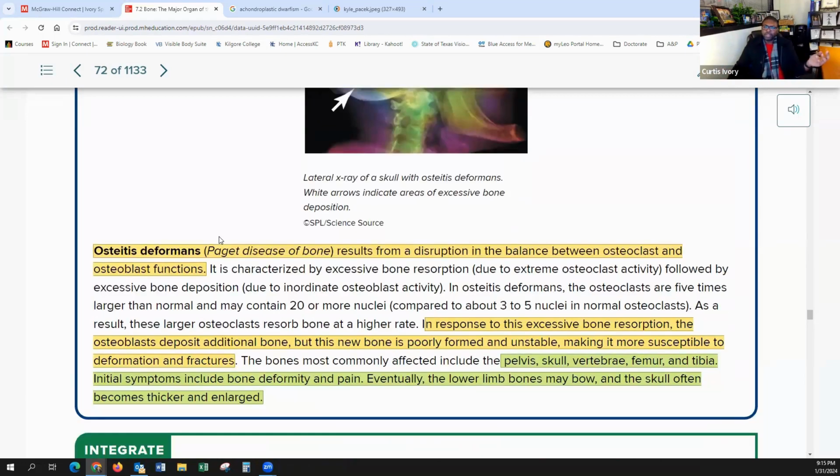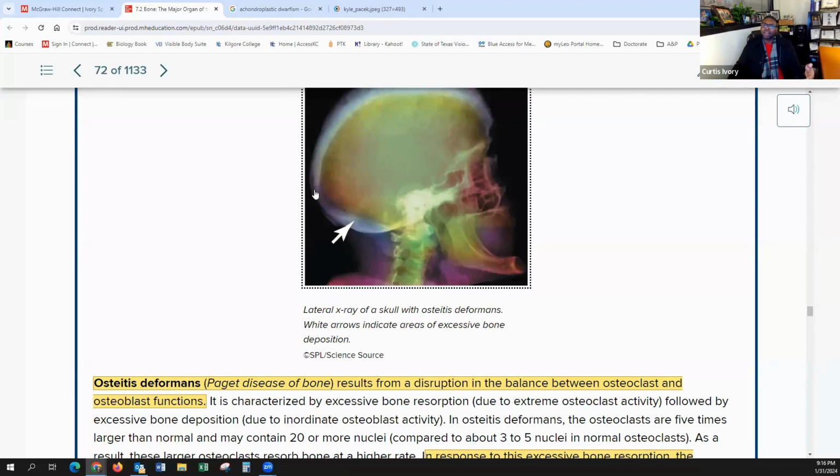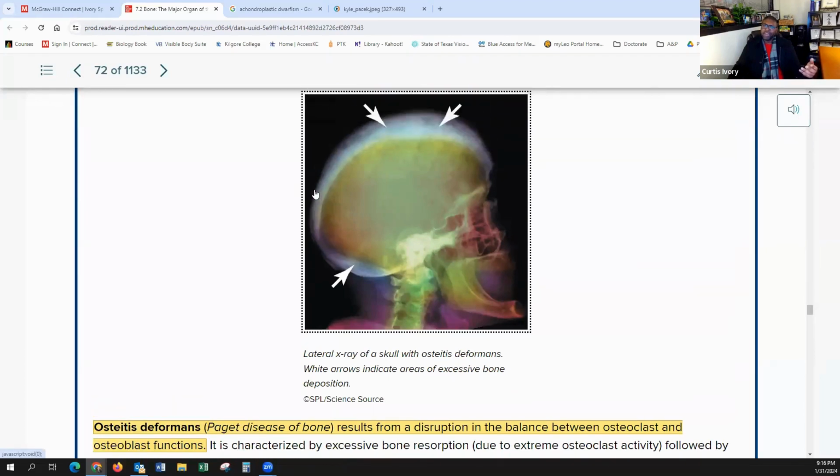The reason why that can be an issue is because it causes excessive bone reabsorption, and then it also causes excessive osteoblast or bone deposit. So it starts making our bones look a little bit more deformed. And here you can see that it has started putting way too much bone down. Remember, our skull bone is supposed to be kind of thin.